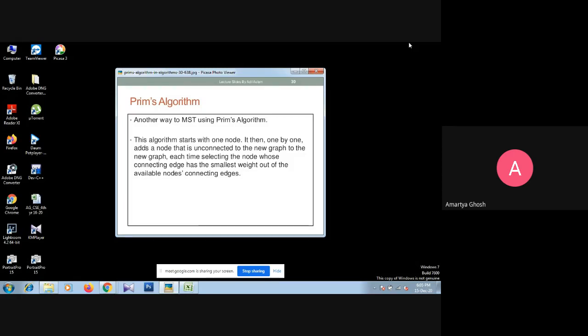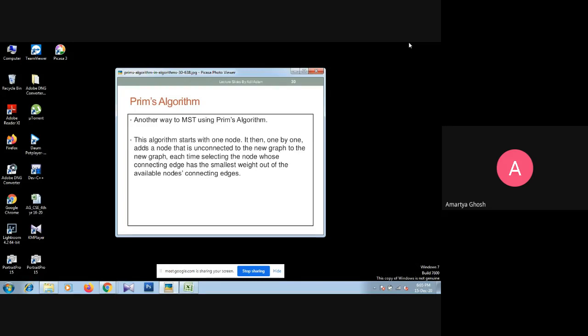This algorithm starts with any one node, and then one by one, a node is added that is unconnected to the new graph, each time selecting the node whose connecting edge has the smallest weight. So we first select one vertex.